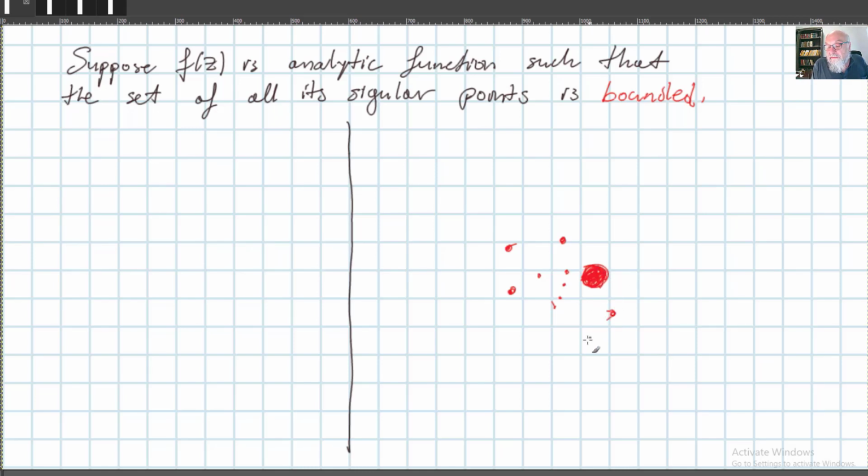And now what we do, we just simply assume, and let C be a contour.